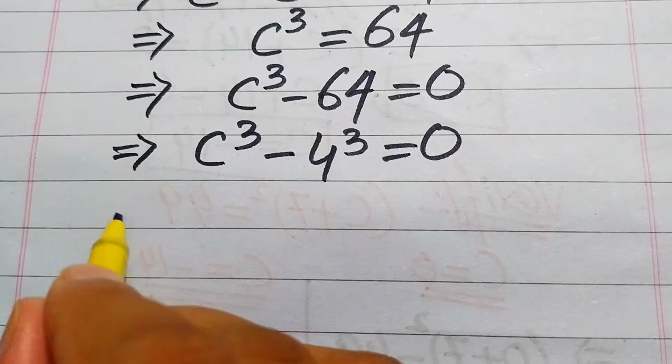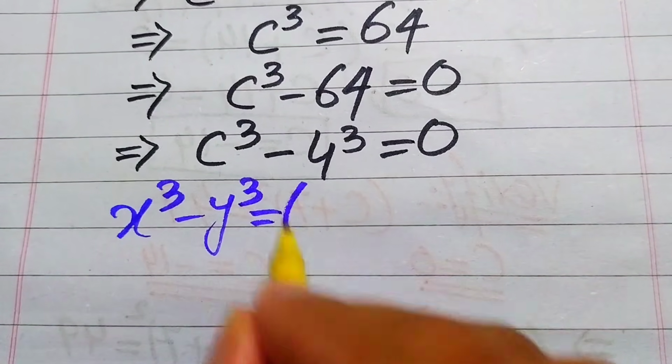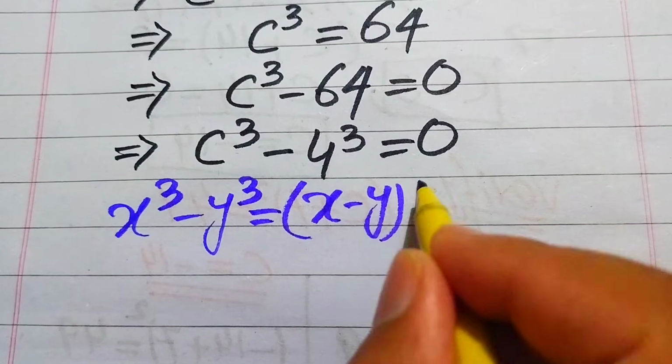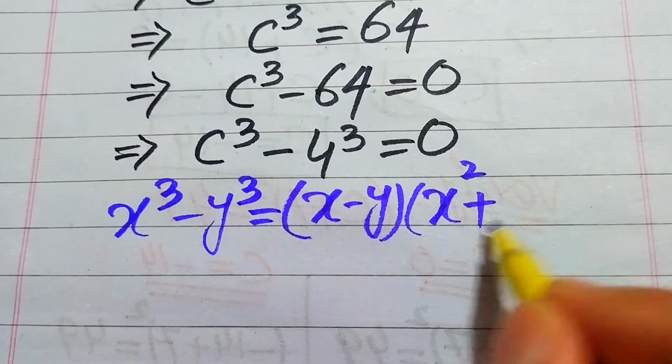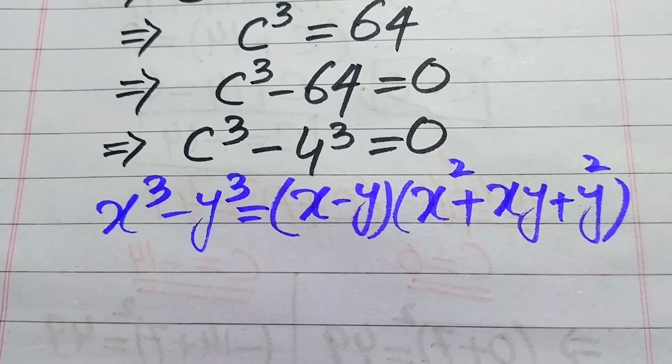You know about that, if we have x cubed minus y cubed, it equals x minus y times x squared plus xy plus y squared.